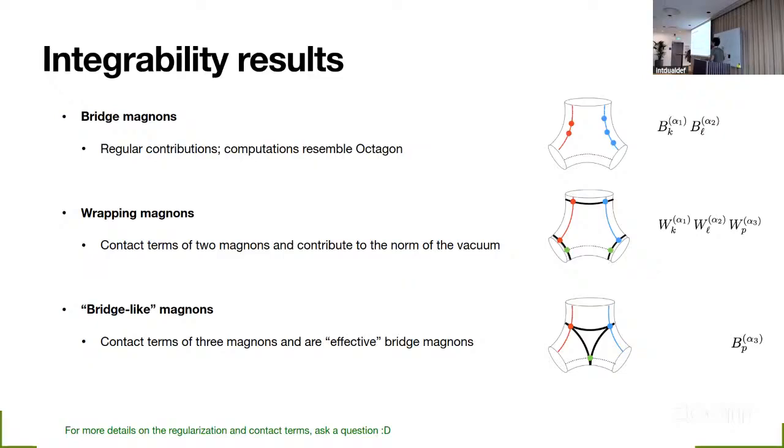This action is basically the same for all these theories, and it was computed by Pestun many years ago, and this is the starting point that many people in localization take to compute partition functions and other things.